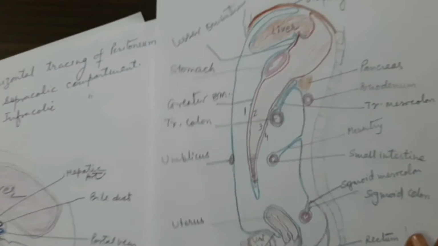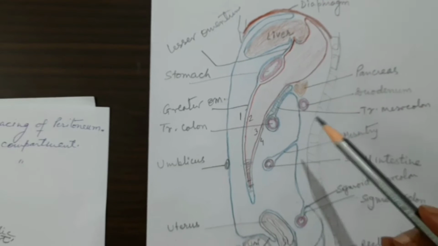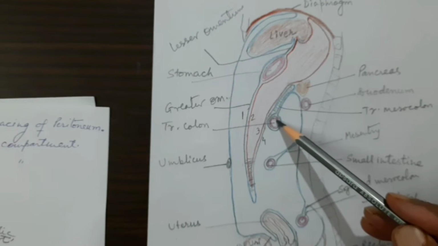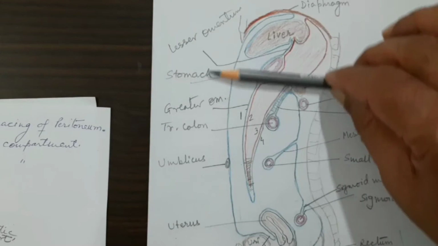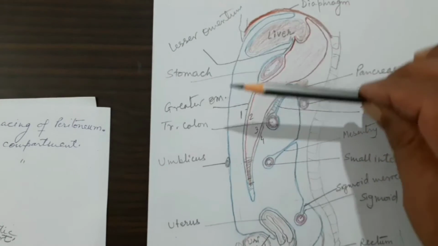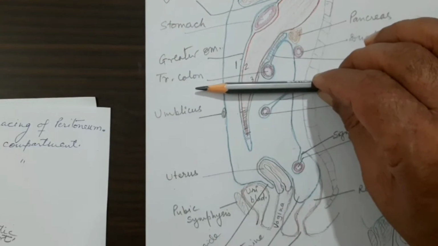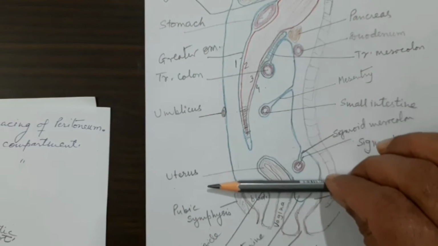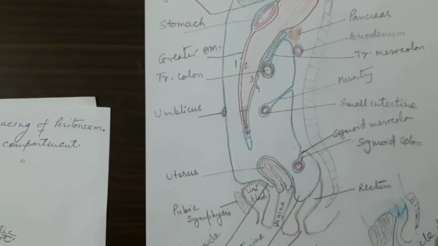Let us see our previous diagram which we have learned in the last video. This is the transverse colon, and whatsoever lies above this transverse colon is called the supracolic compartment, and below the transverse colon is the infracolic compartment.